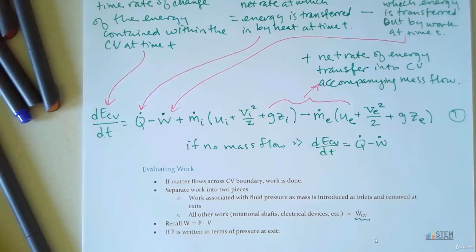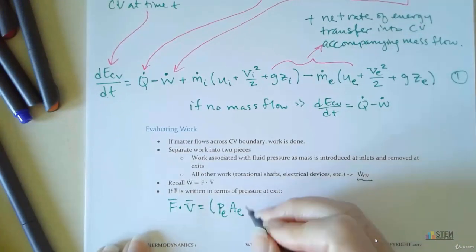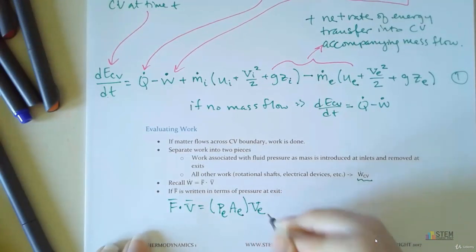So if F is written in terms of pressure at the exit, then F dotted with V is going to be the pressure at the exit times the area of the exit times VE.